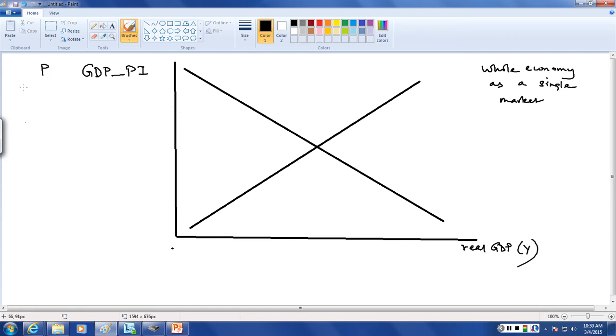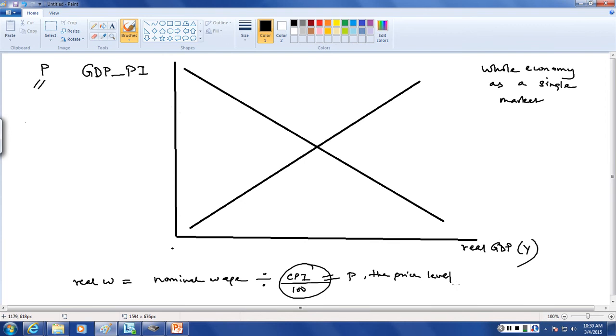Now, we've defined the price level before when we were talking about the real wage. If you recall, I mentioned in class last time that the real wage was equal to the nominal wage divided by the consumer price index divided by 100. And this I called P, the price level.